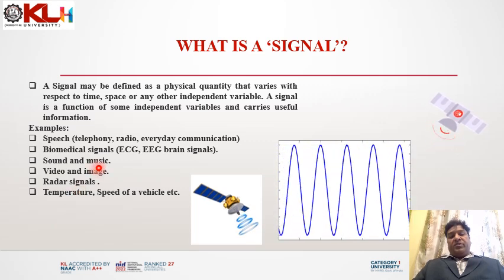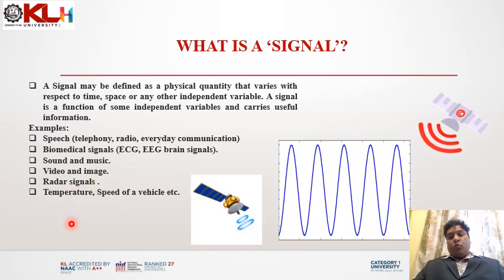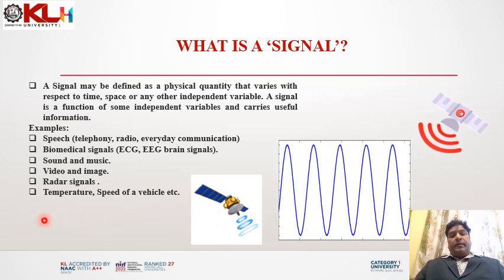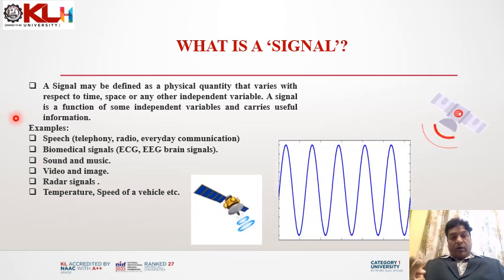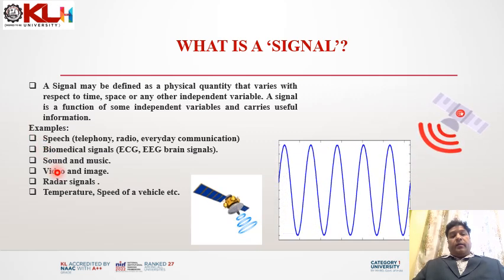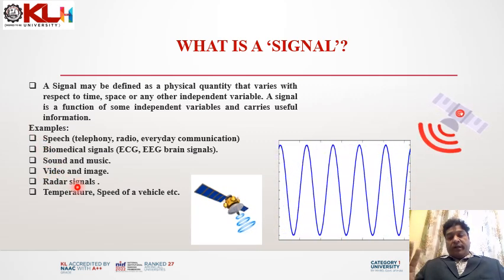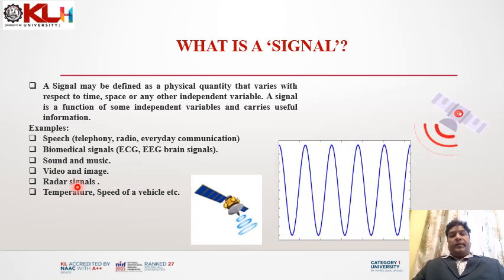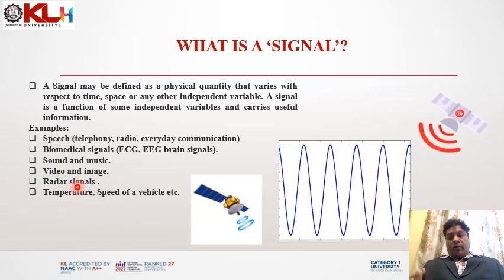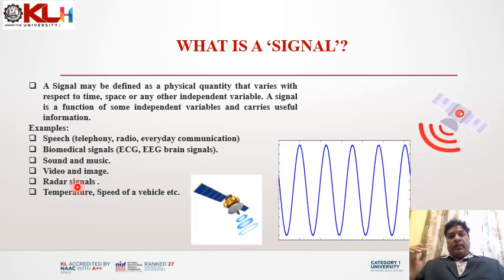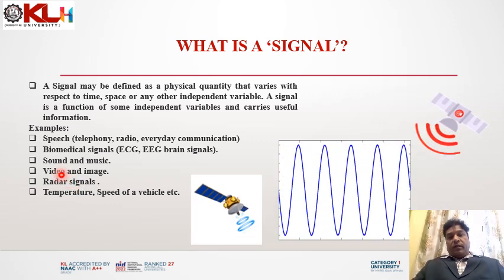So the image signal is actually a function of two independent variables, the x coordinate and the y coordinate. And the video signal is a function of three independent variables: the x coordinate, the y coordinate, and also the time, x, y, and t.